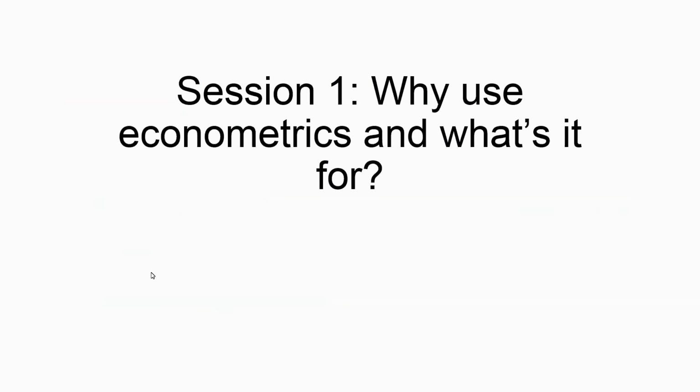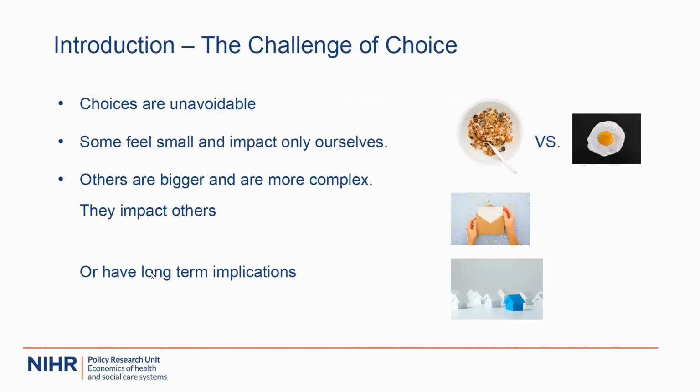So the first session I'm going to talk you through is why we use econometrics and what it's for. So if we think about our individual lives for a moment and not the statistical world, we are absolutely required, perhaps more often than we think, to make decisions. And those decisions or choices sometimes can feel quite straightforward.